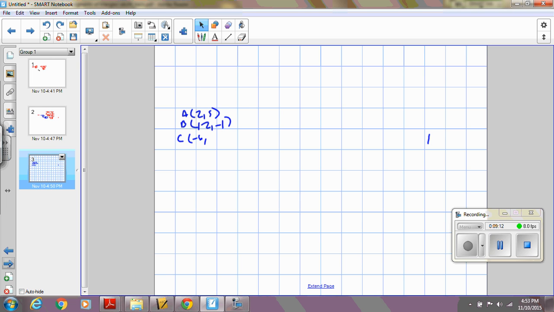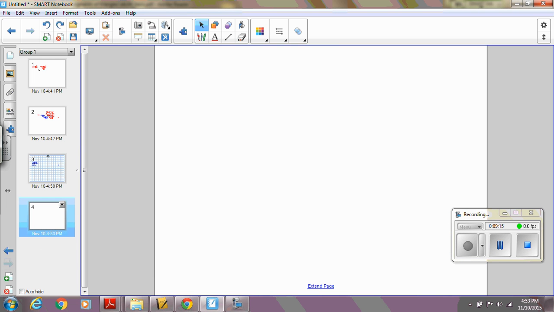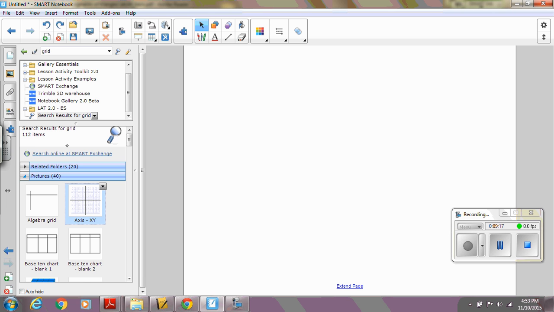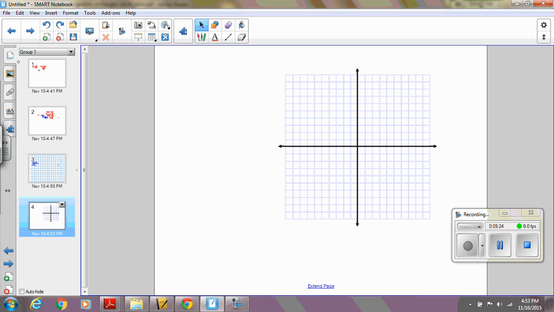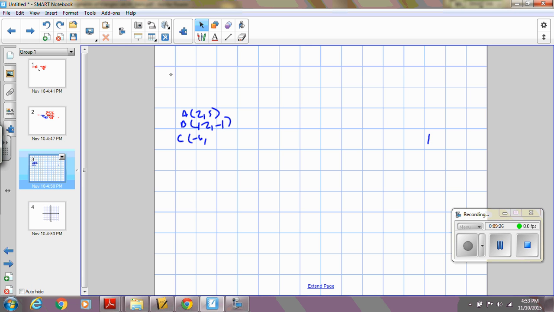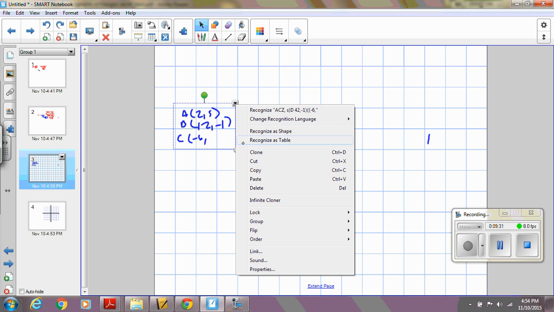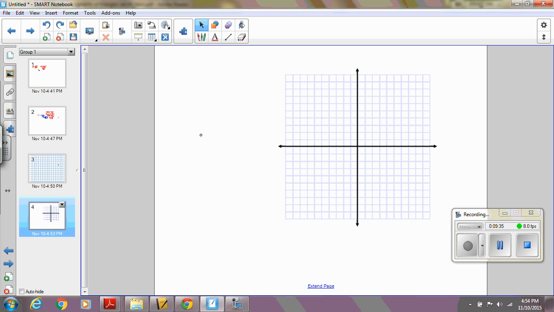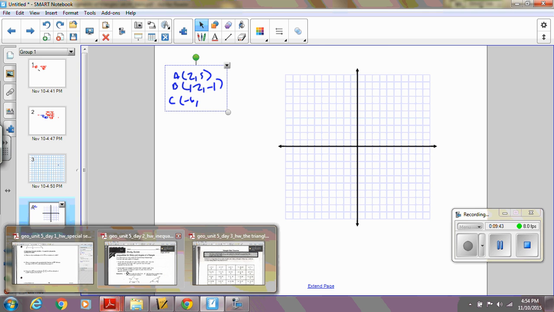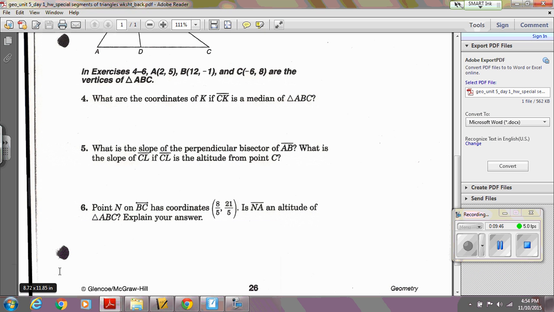Let me just go to a new page. Alright. Drag that here. There we go. And go back. Remember this. Cut it. And paste it here. And I believe C was at negative 6 and 8.